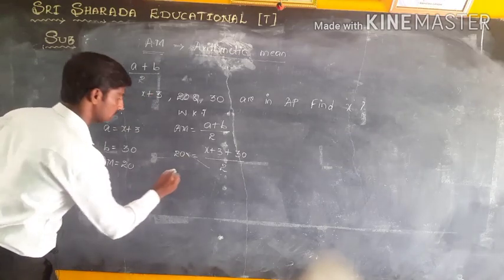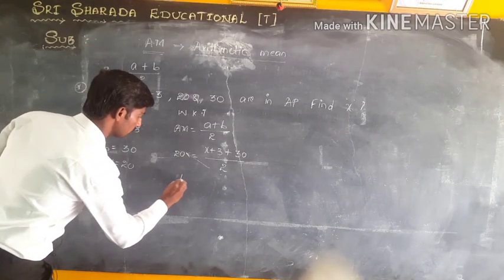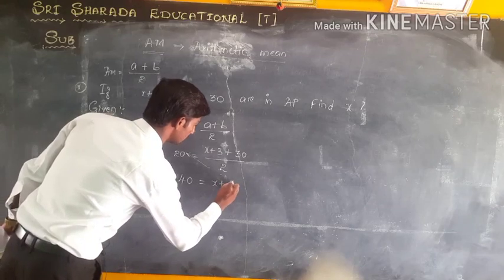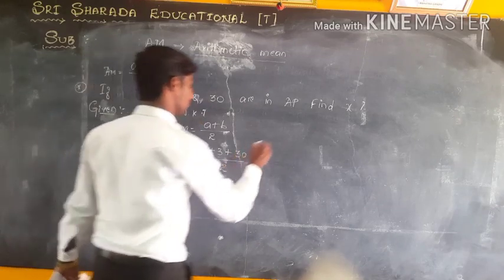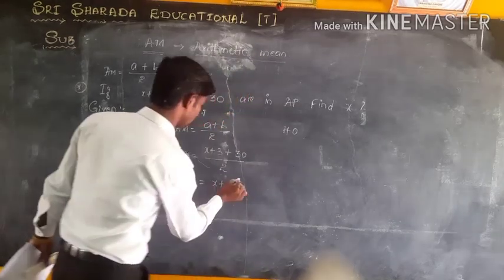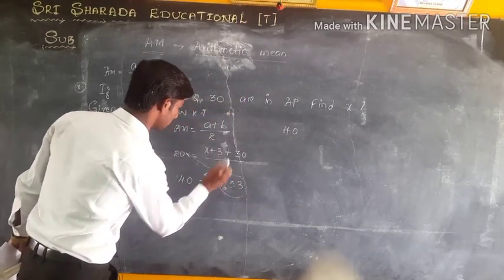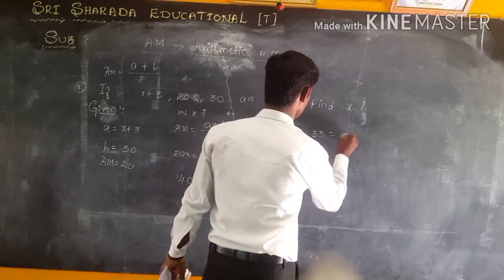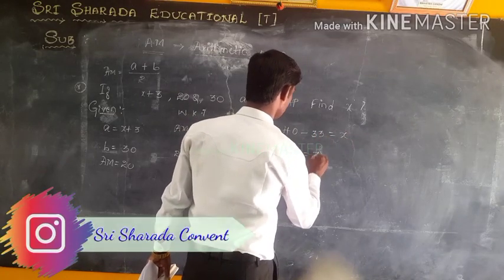Cross multiplication: 20 into 2 is 40, equal to x plus 3 plus 30, it is x plus 33. So 40 equals x plus 33. According to the rule of transposition, this plus 33 will become minus 33, so 40 minus 33 is equal to x, or x is equal to 7.